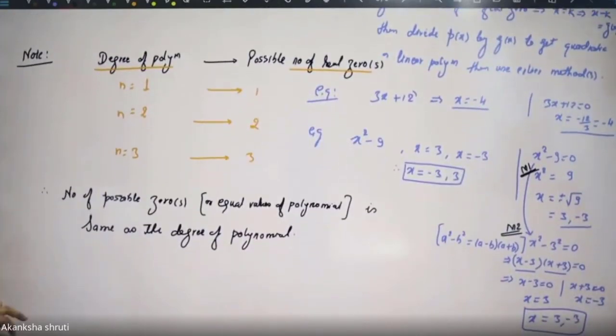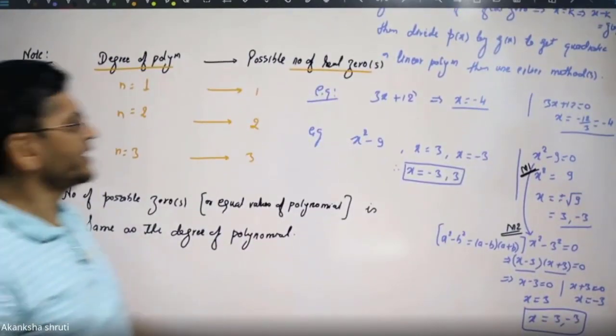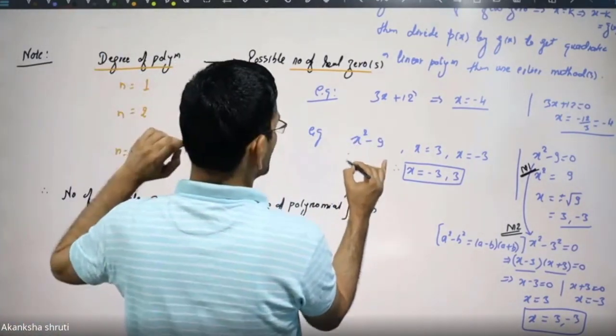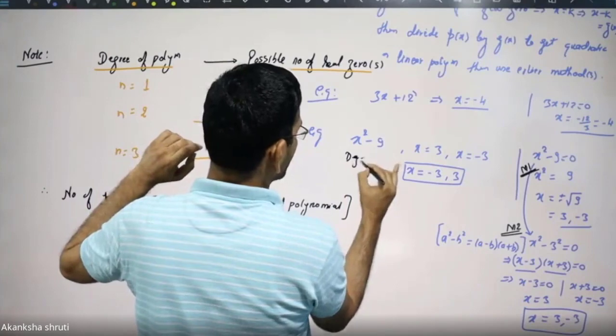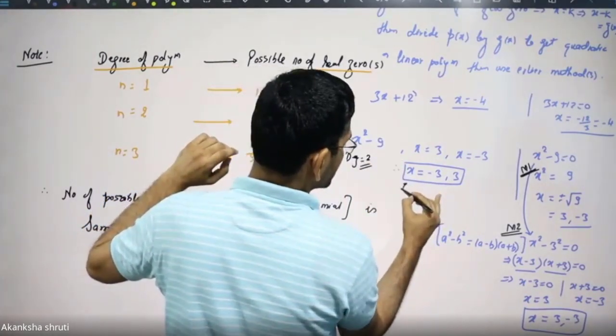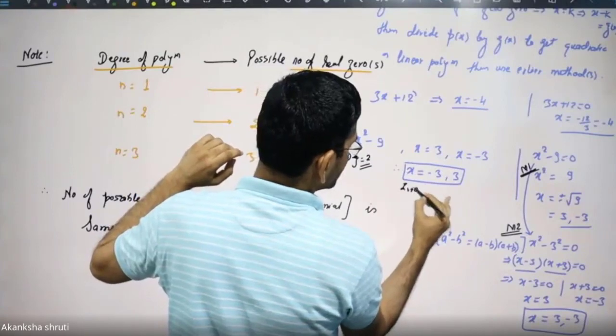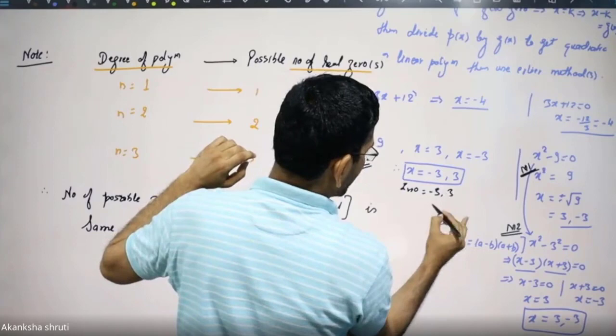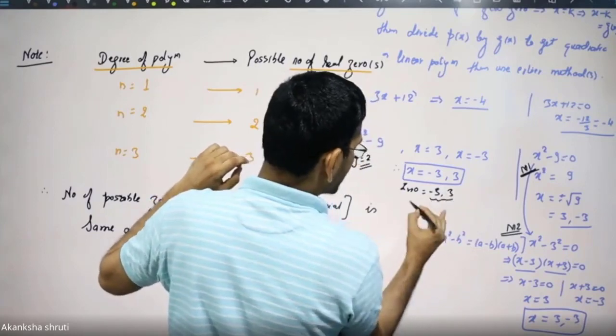So how many possible zeros are there? Here, observe, the degree is equal to 2. The zeros are -3 and 3. But how many zeros are there?